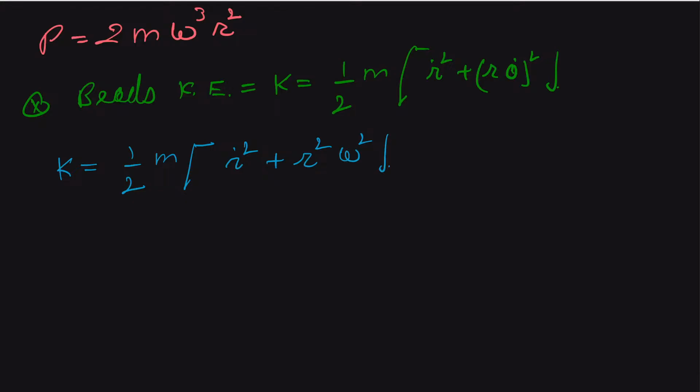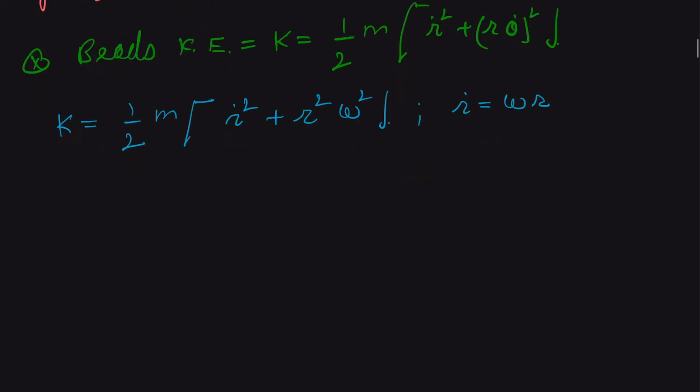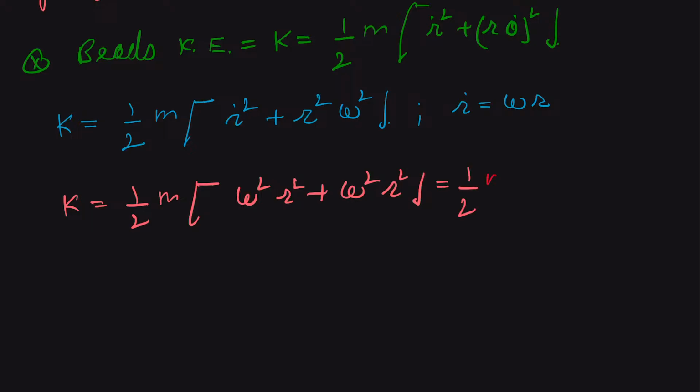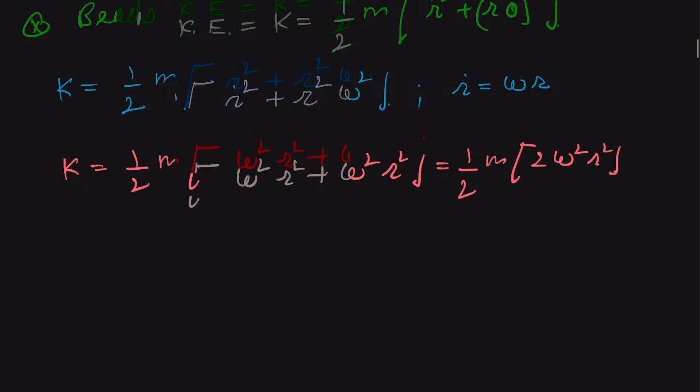And we know that r dot is equal to omega r, therefore its square we can write this as kinetic energy equal to half m, omega square r square plus omega square r square, and this will be giving us half m times 2 omega square r square.